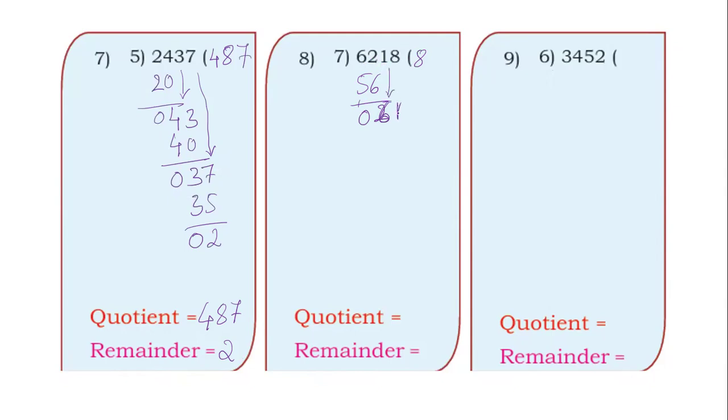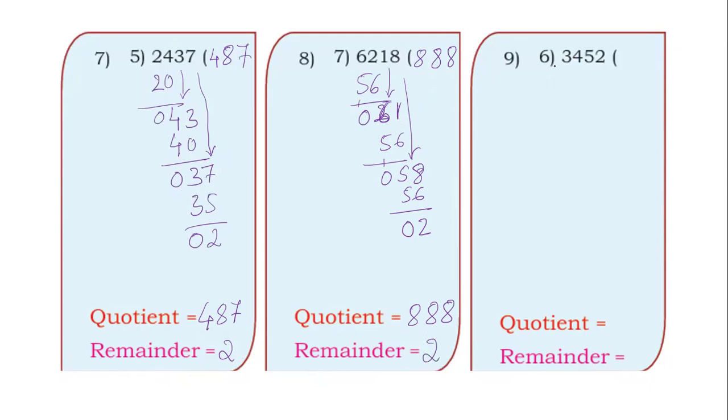It becomes 61. 7 8s are 56. 11 minus 6 is 5. Carry 1. 6 minus 6 is 0. Take next number. It becomes 58. 7 8s are 56. 8 minus 6 is 2. 5 minus 5 is 0. Quotient is 888. Remainder is 2.